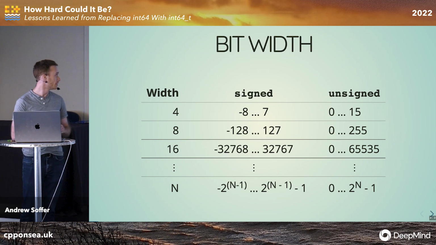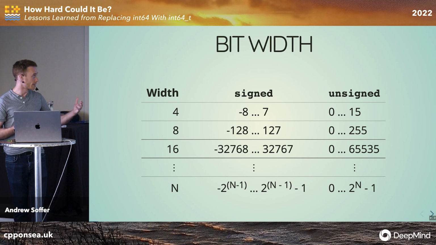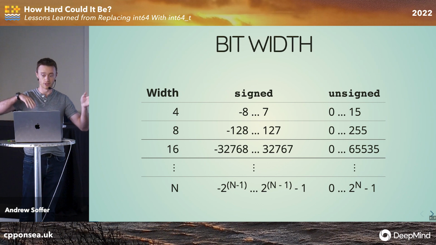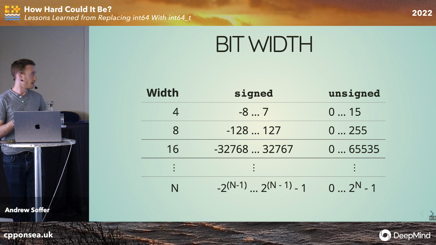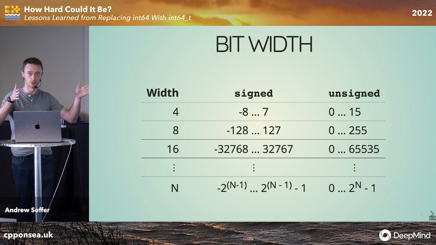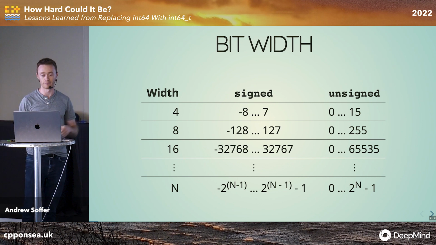So if you have an unsigned number with bit width n, you can represent anything from 0 up to 2 to the n, but not including 2 to the n. And then for signed values, you get the same range, but sort of shifted. So you get half negative numbers, half positive. Well, almost half, 0 is not positive, so you get one more negative number in this range.